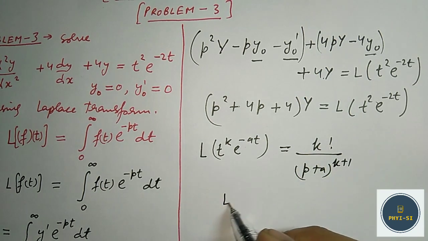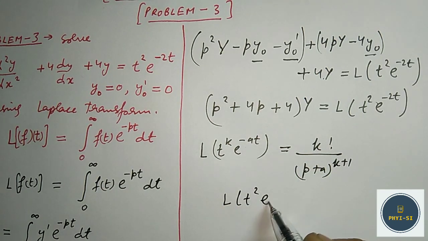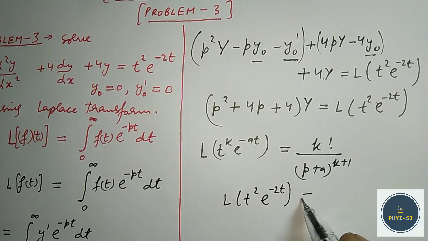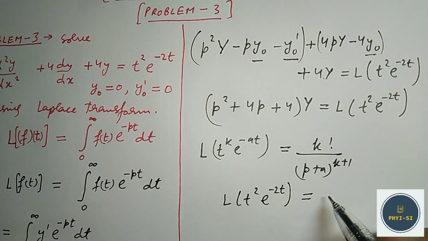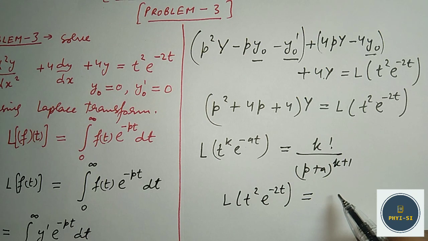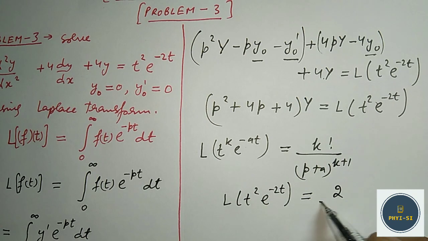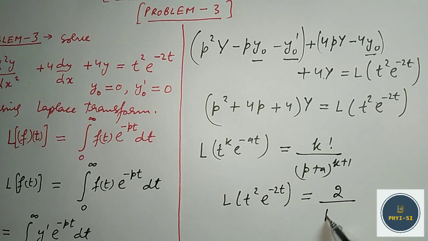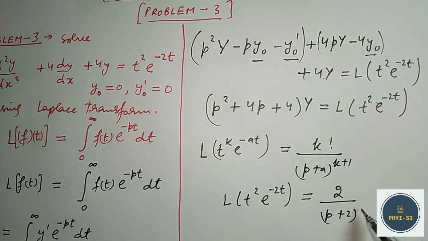So we have L of t square e raised to power minus 2t is equal to 2 factorial over p plus 2 raised to power 3.